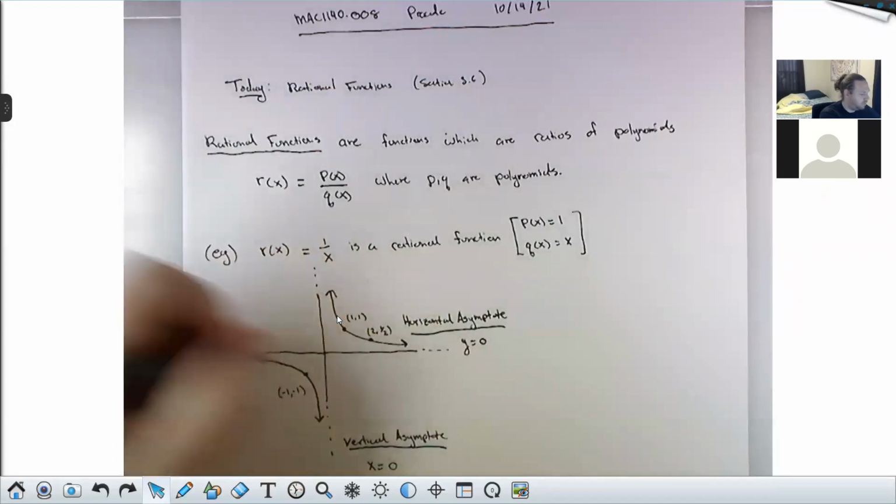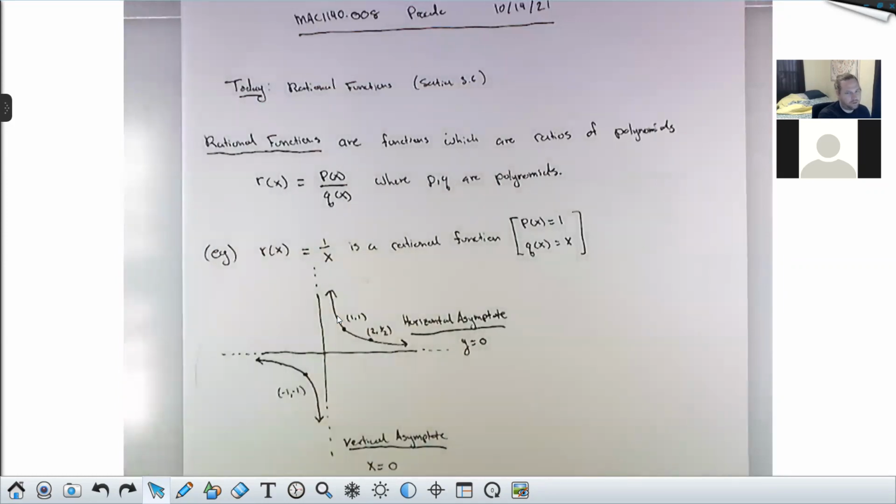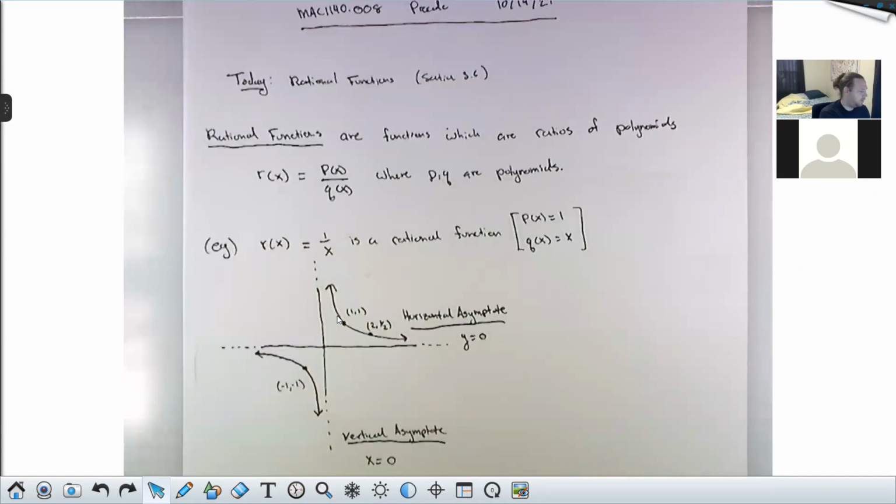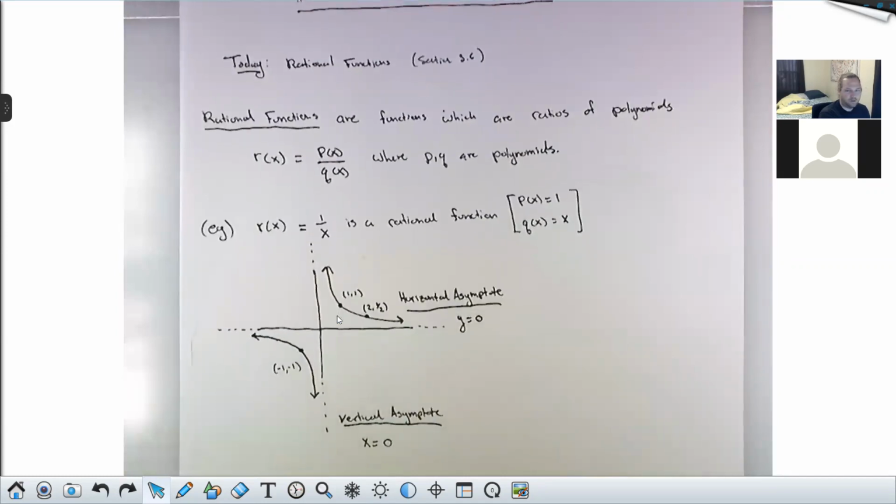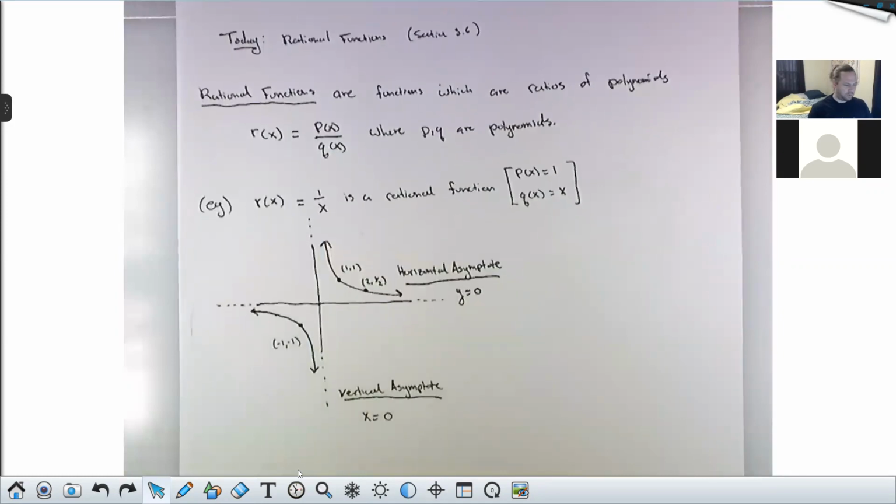Over here would be -2, -1/2, all sorts of stuff like that. Right? So this is the graph of 1 over x. It has two asymptotes. One is a vertical asymptote, and that's the line x equals 0. The other one is a horizontal asymptote, and that's the line y equals 0. The first thing I'd like to kind of investigate with you guys is where these asymptotes come from.